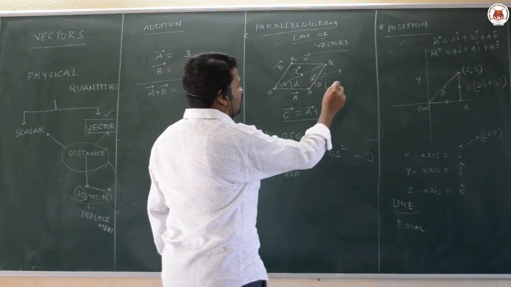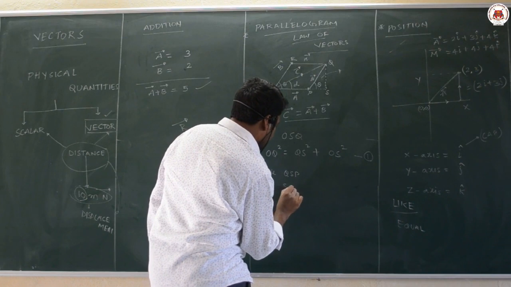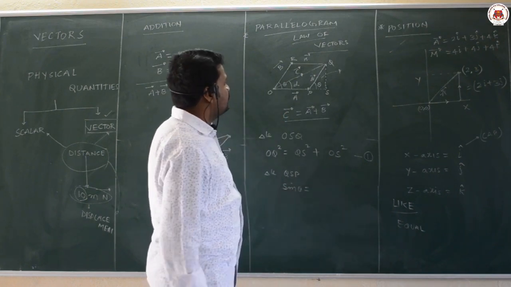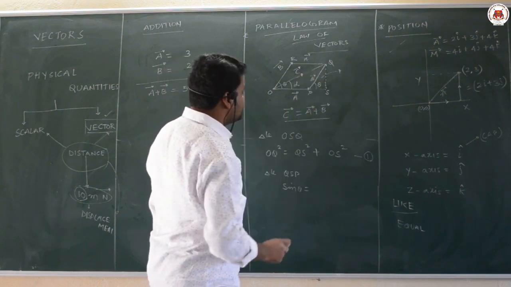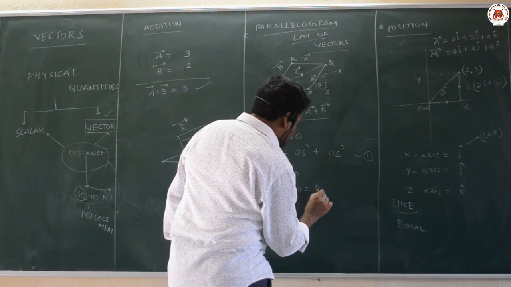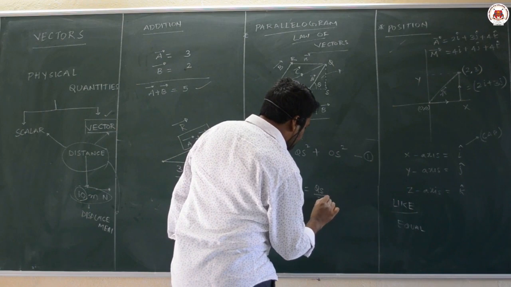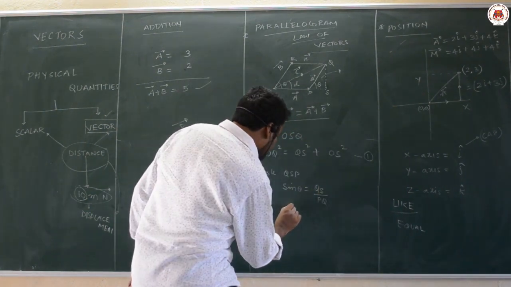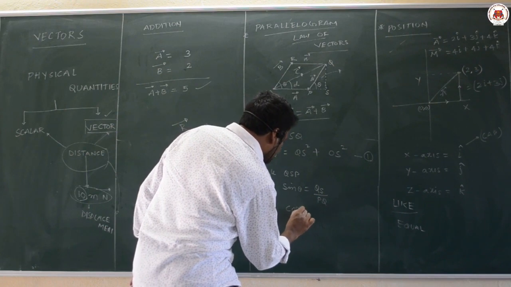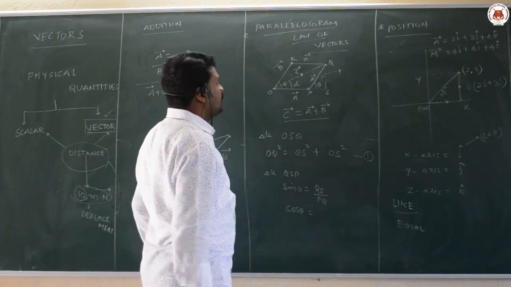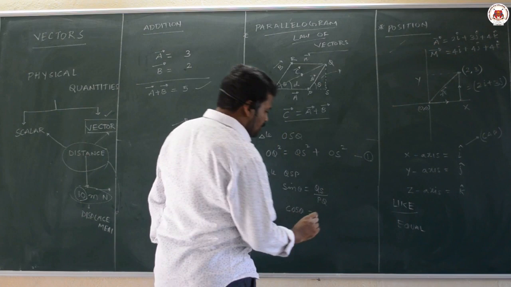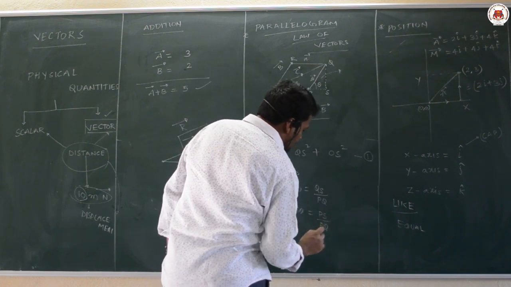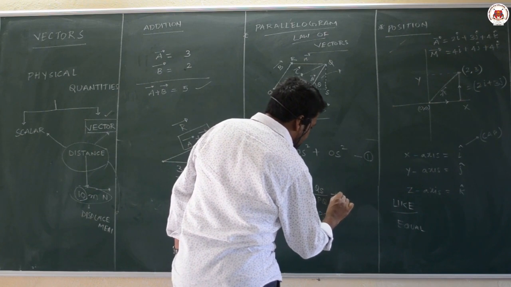So sin theta is equal to opposite side QS by PQ. This is sin theta, right? Similarly, write cos theta. Cos theta is equal to PS by PQ. Now understand this carefully.